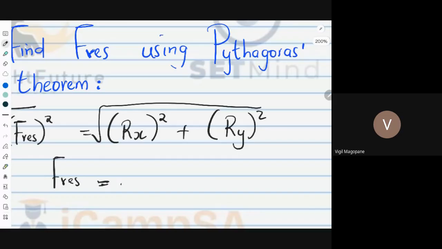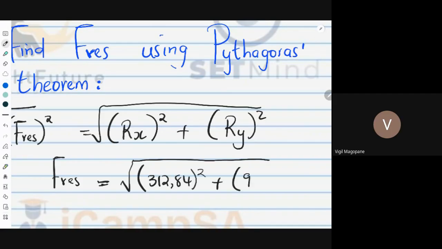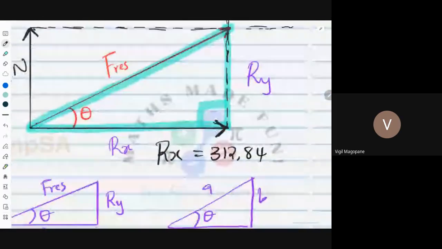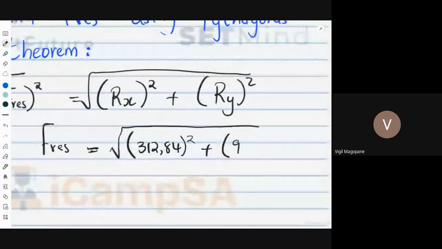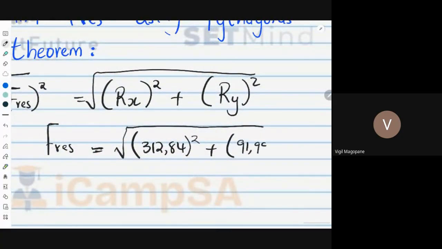All right, so Rx, we said is 312.84, right? Ry, I think it's 91.99. What is this? Yeah, 91.99. And then, what answer do you guys get?